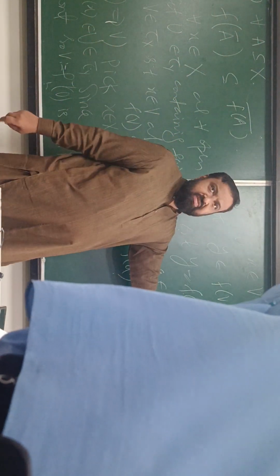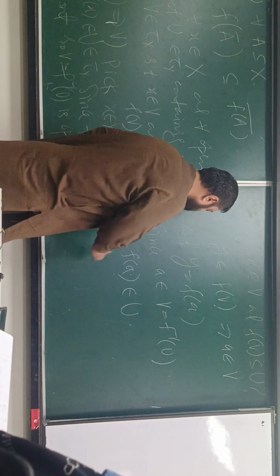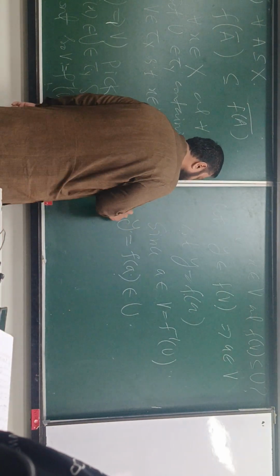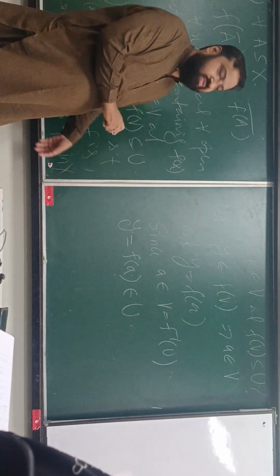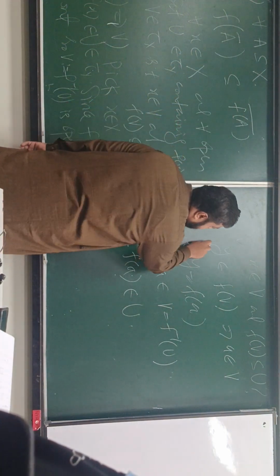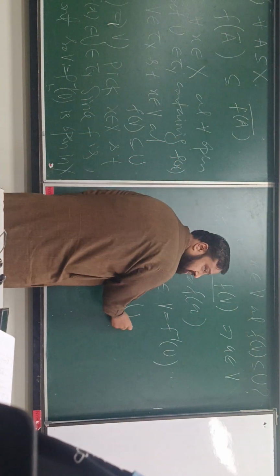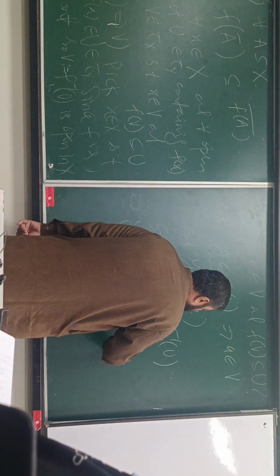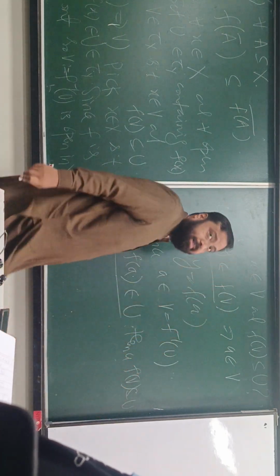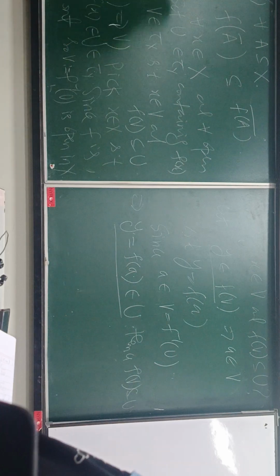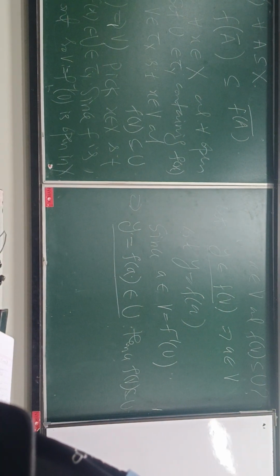If a is in f inverse of u, so this means that f of a must be inside u. But this is what precisely the y is. F of a क्या है? Y. You pick the y from f of v, and you showed that the same y is in u, and v is u. ठीक है?